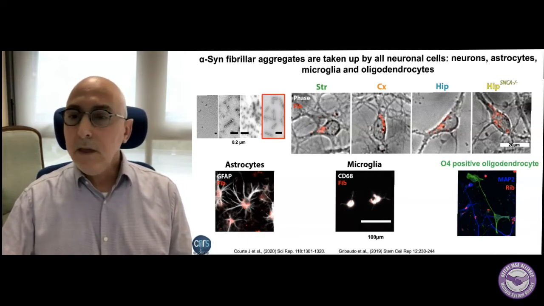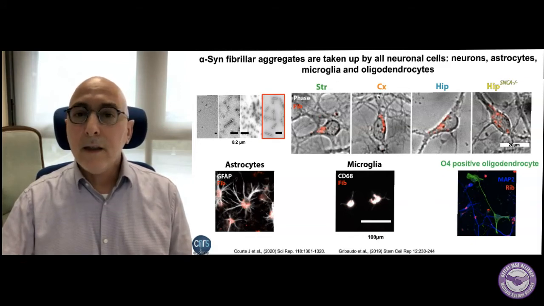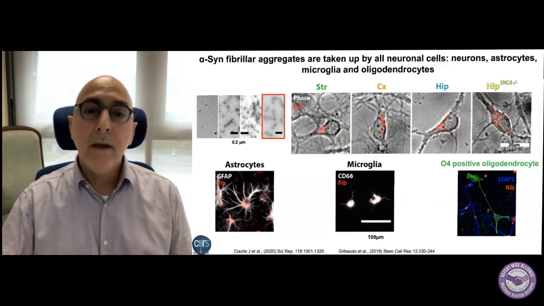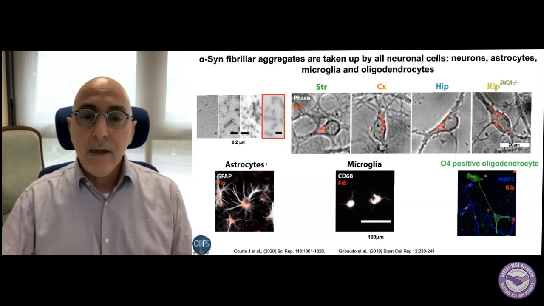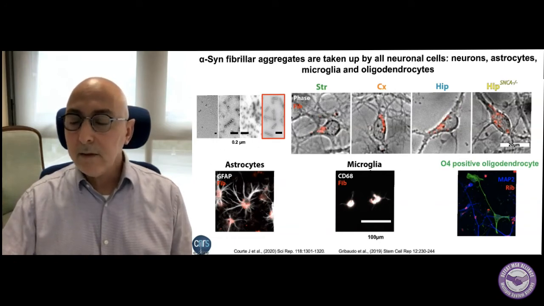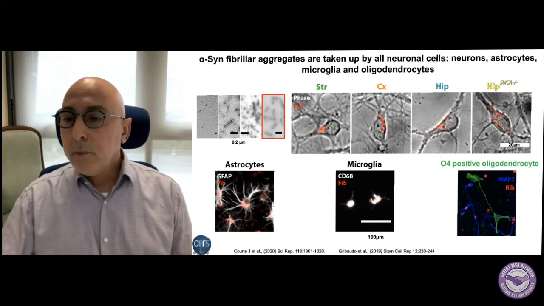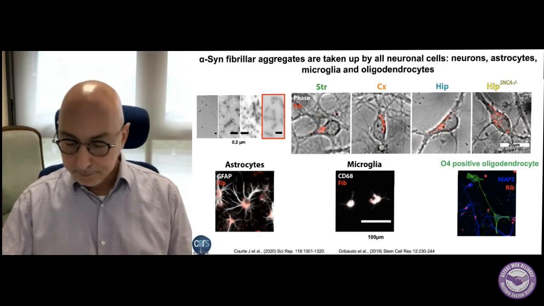And you can see here from these images that the neurons, whether they are striatal, cortical, or hippocampal, expressing or not alpha-synuclein, bind these fibrils. Other cell types within our brain also bind the fibrils. These are the astrocytes, the microglial cells, but also, and very important for MSA, the oligodendrocytes in green here.